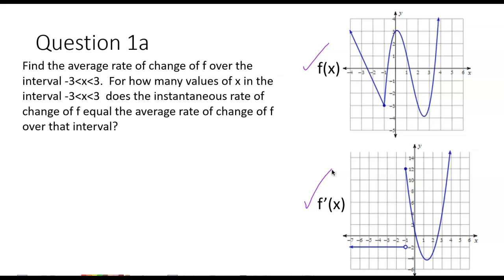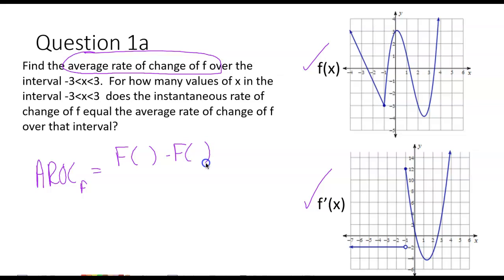Question 1A is asking us to find the average rate of change of f. This is our average rate of change formula. And it looks like we're going from negative 3 to 3, so that would be looking like this.